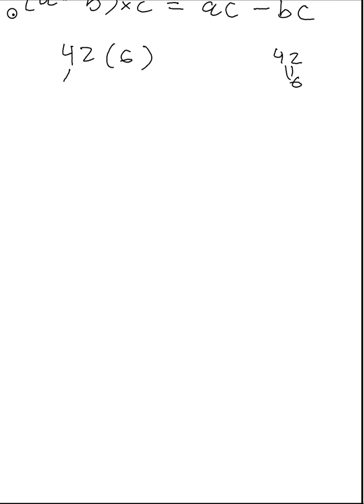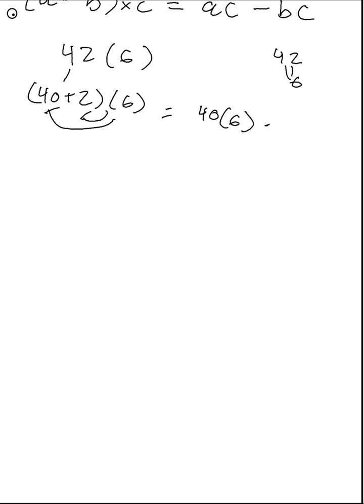We can write 42 as 40 plus 2, so we have (40 plus 2) times 6, and then distributing the 6 inside, we end up getting 40 times 6 plus 2 times 6, which are two easier multiplications to do, which give us 240 plus 12, which is equal to 252.